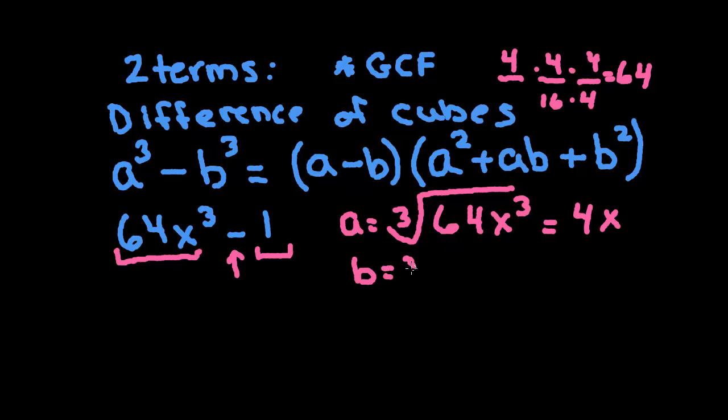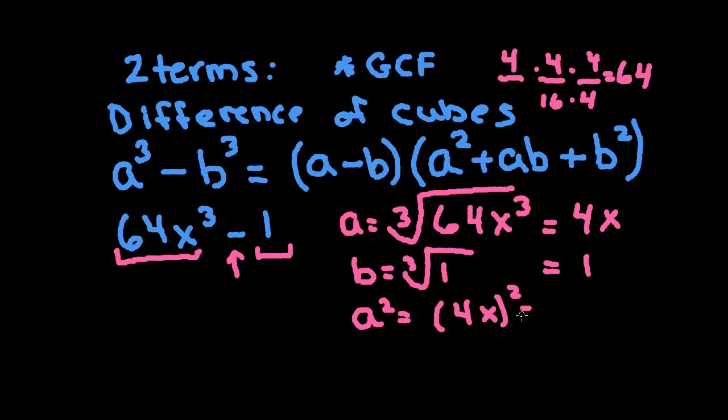B is going to be the cube root of 1. And that's easy because that's just 1. Now, the other pieces we need to use the formula is we need a squared. So now we're going to go up here and we're going to square a. So we're going to take a, 4x, and we're going to square it.